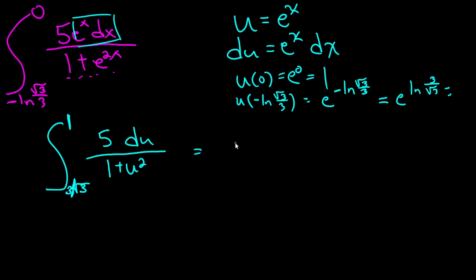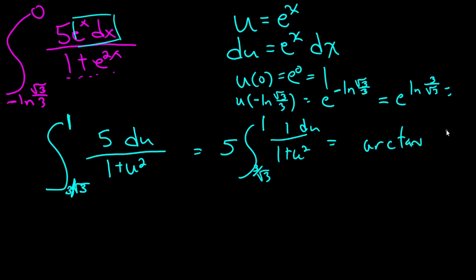I'll pull the 5 out. And pulling the 5 out leaves me with 1 over 1 plus u squared du, which is arctangent, evaluated from 3 over root 3 to 1, and 5 times whatever the answer is.